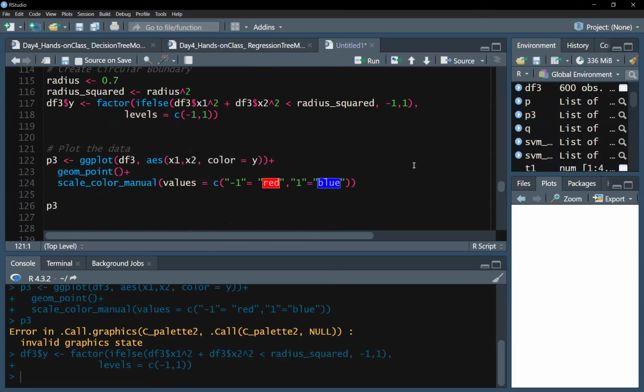Values is going to be C. Everything seems okay here. But the other plots, it plotted fine.